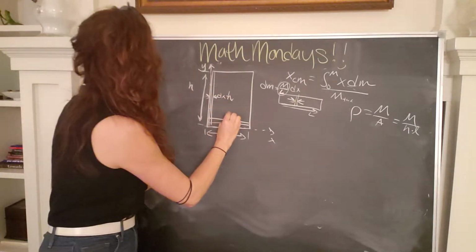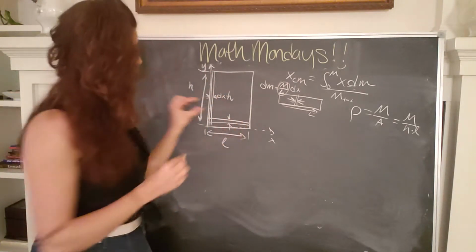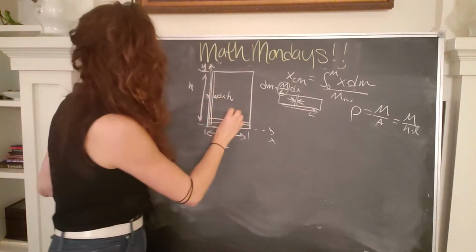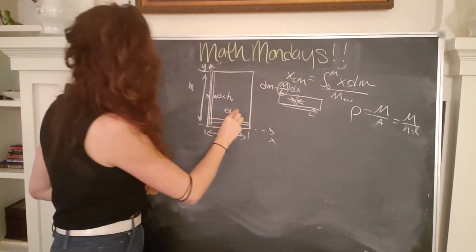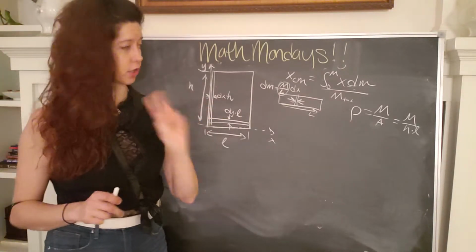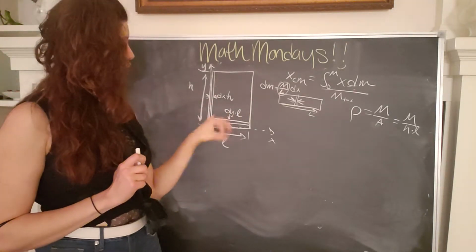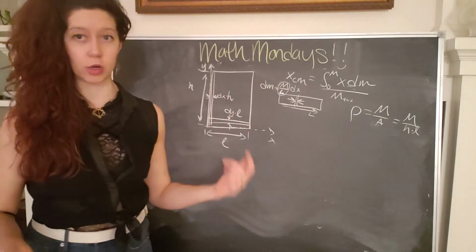And similarly, when we are going in the vertical direction, the width of these teeny tiny slices is dy, but the length is L. So this allows us to do 2 integrals, one for the center of mass in the x direction and the other for the center of mass in the y direction.